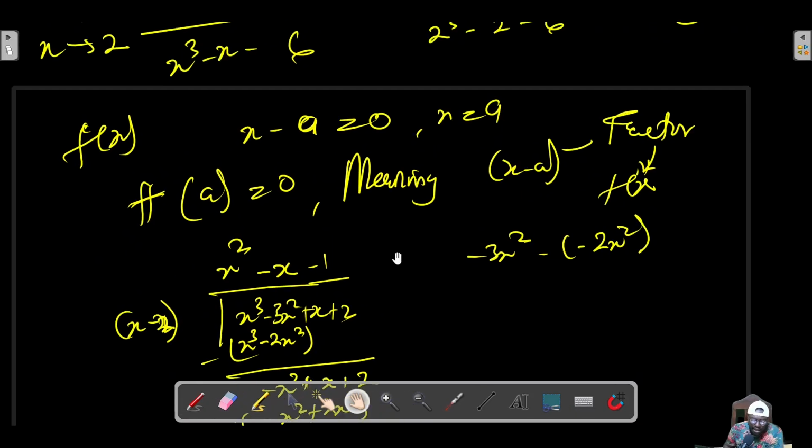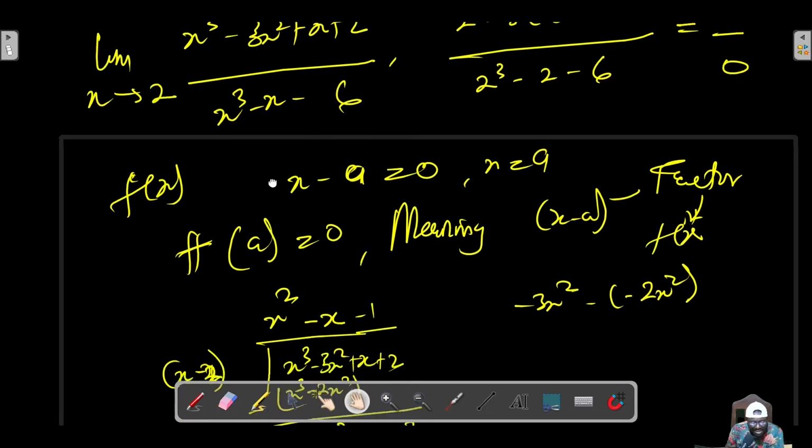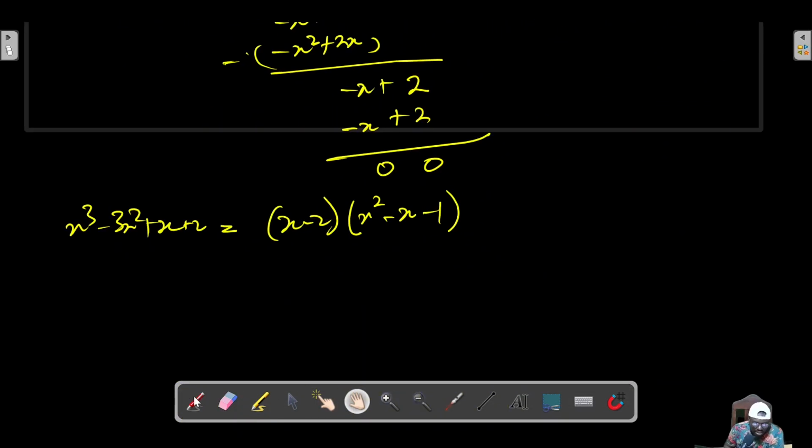Now, the other term, which was the denominator, x cubed minus x minus 6. So let me note this. Let me write it again.